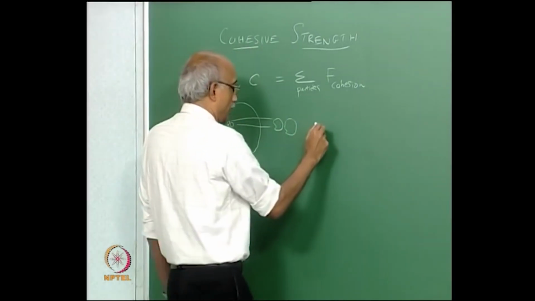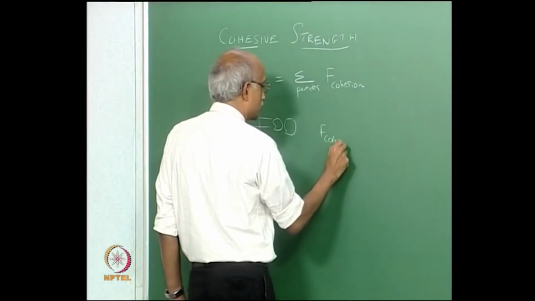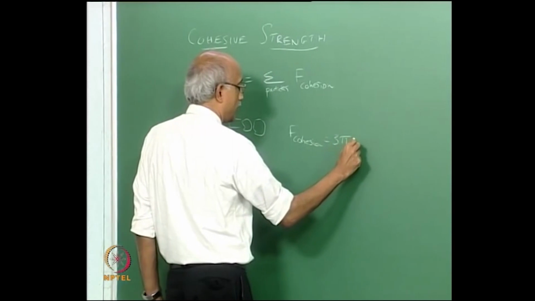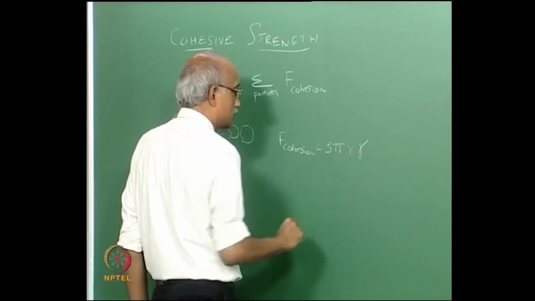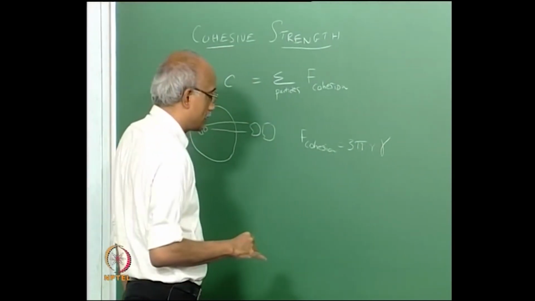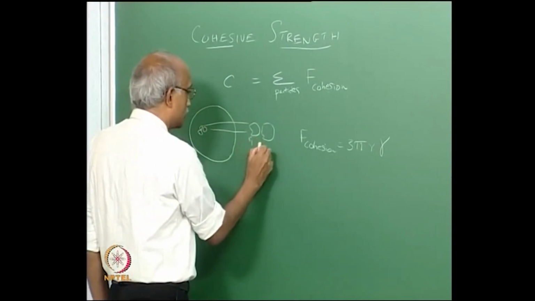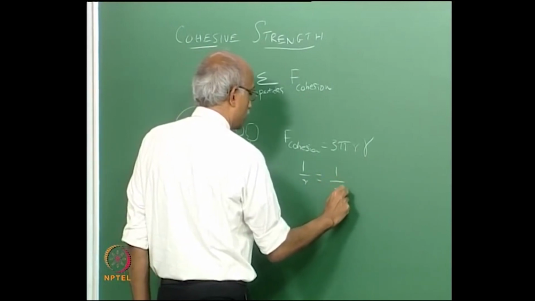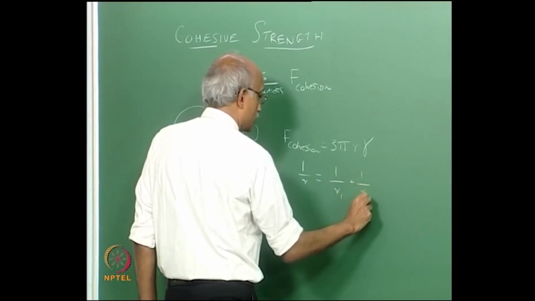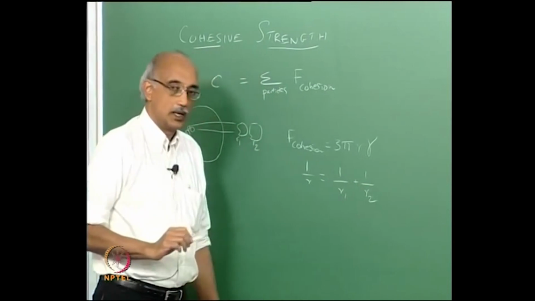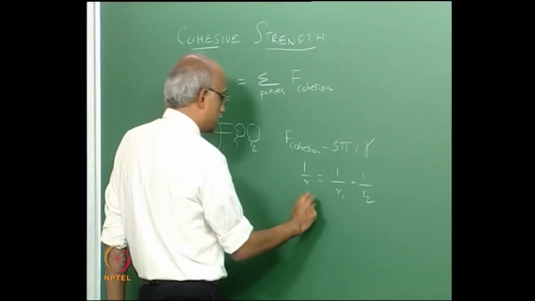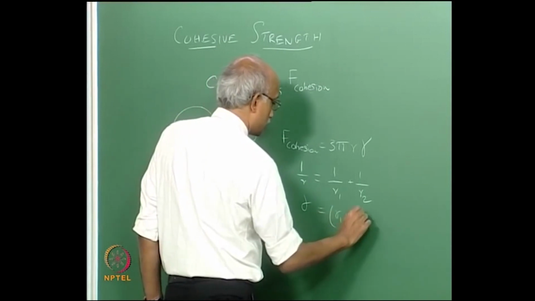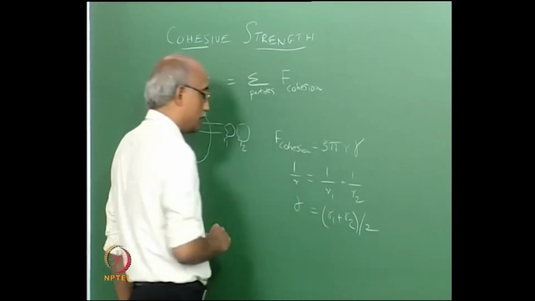In a simplistic way, the cohesive force can be modeled as 3 pi r times gamma, where if this is r1 and r2, this r is a reduced radius, so 1 over r equals 1 over r1 plus 1 over r2, and gamma is taken as the mean of the surface energies of two adjacent particles.